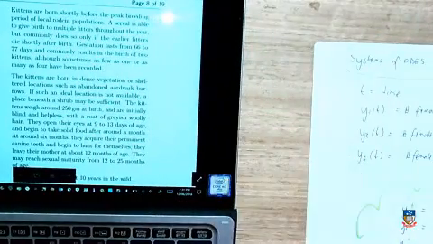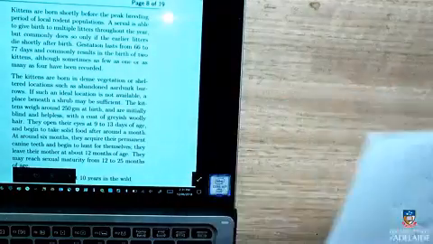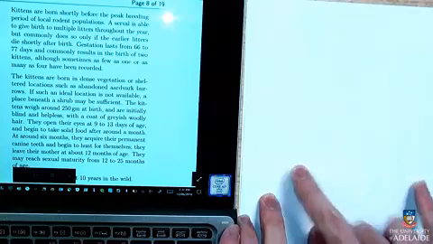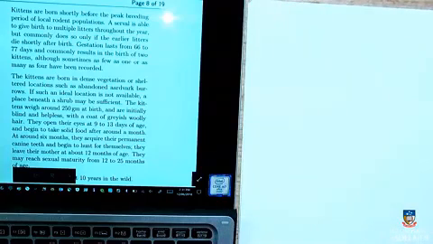Of course not. Kittens are born shortly before the peak breeding period of local rodent populations. A serval is able to give birth to multiple litters throughout the year, but commonly does so only if the earlier litters die shortly after birth.